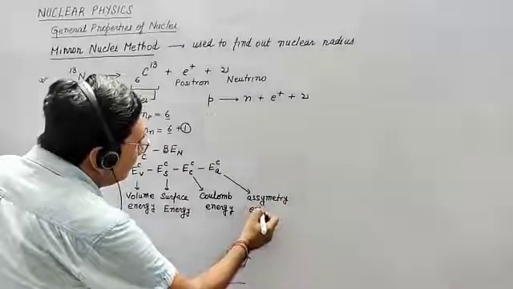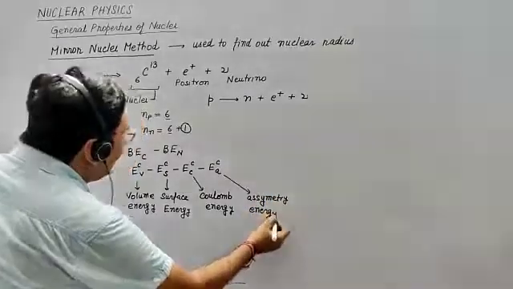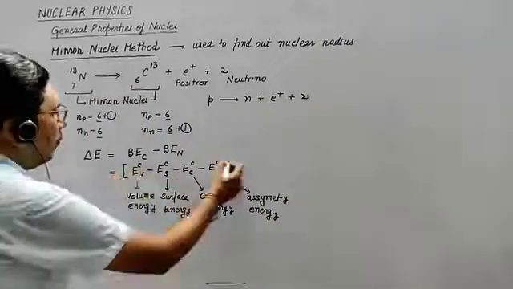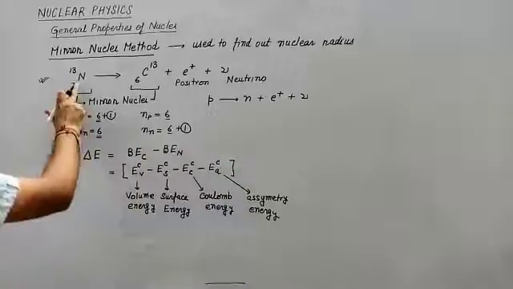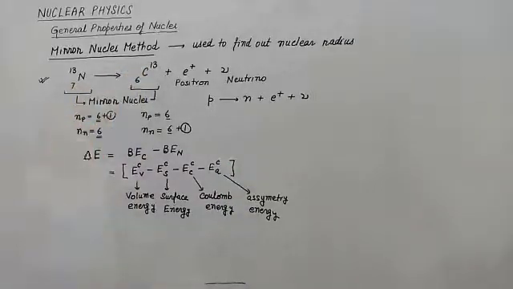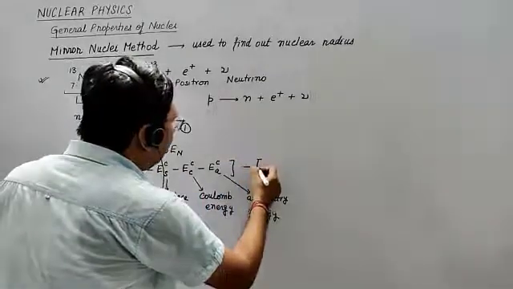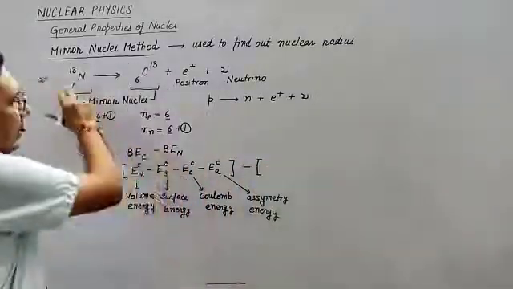This is the binding energy for the C13 nuclei, minus the binding energy of the N13 nuclei.